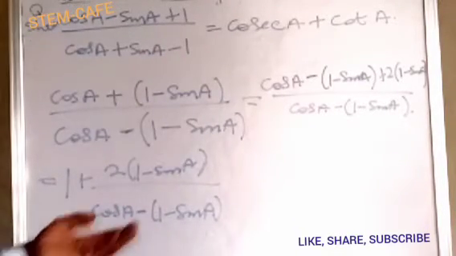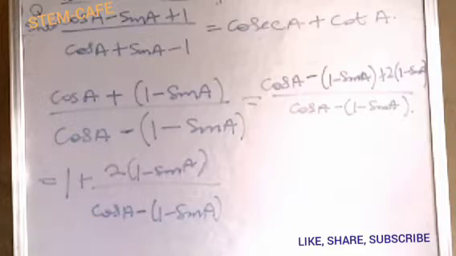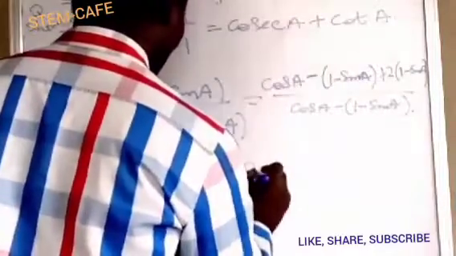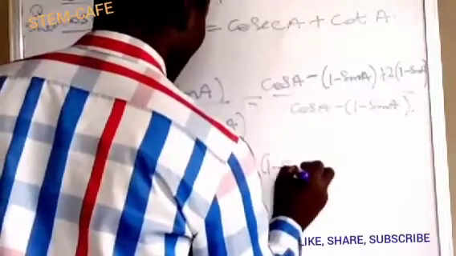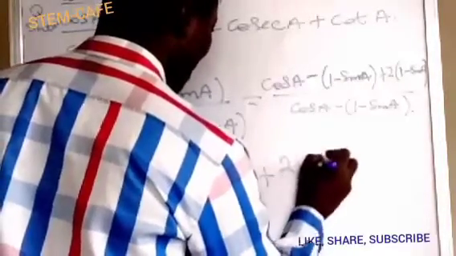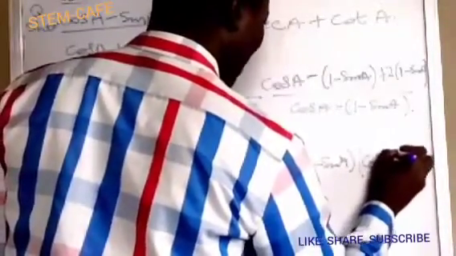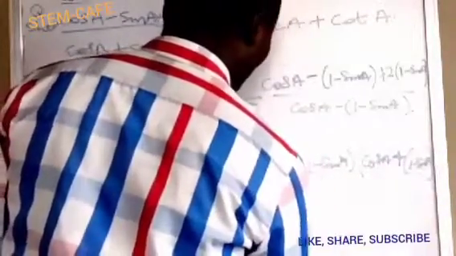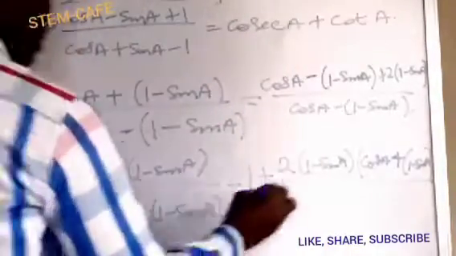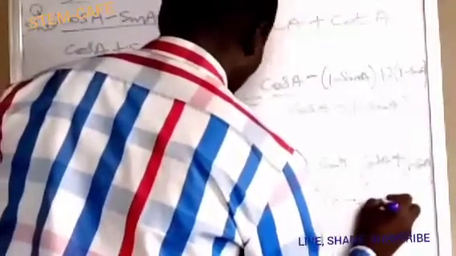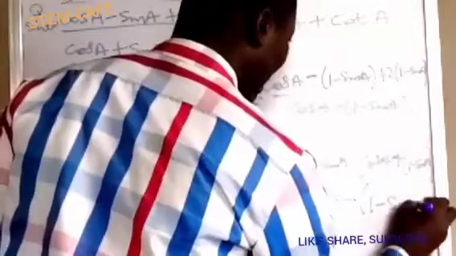Let's multiply the denominator and numerator by cos A plus 1 minus sin A. It's going to give us 1 plus 2 into (1 minus sin A) into (cos A plus 1 minus sin A) over, multiplying this one, cos square A minus (1 minus sin A) all squared.